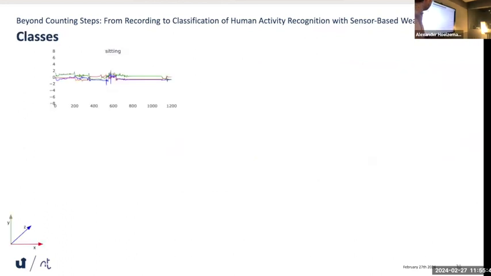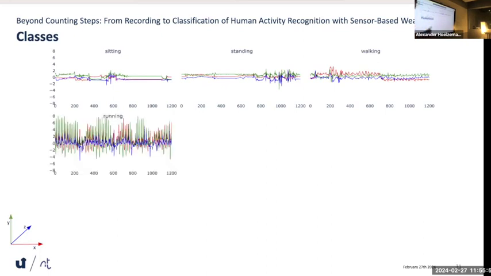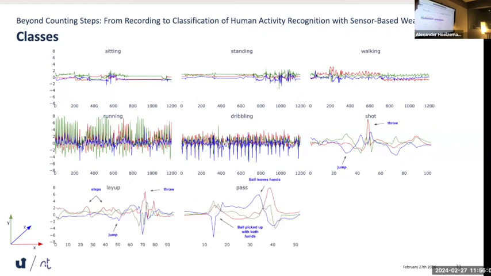We included sitting, for example sitting on the bench during the game, standing, walking, running in different paces, dribbling, shooting the ball, doing the layup, passing the ball, and doing rebounds. You can see here now that sitting, standing, walking, running, and dribbling are periodic activities because we have a periodically returning pattern in the signal.